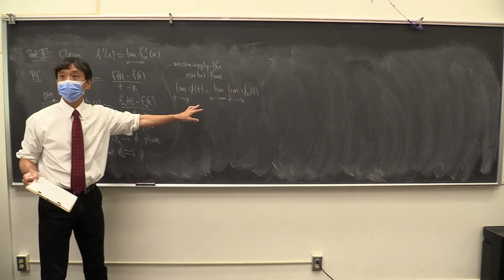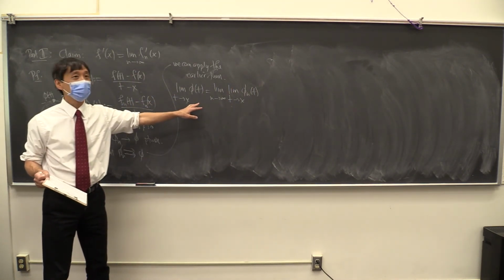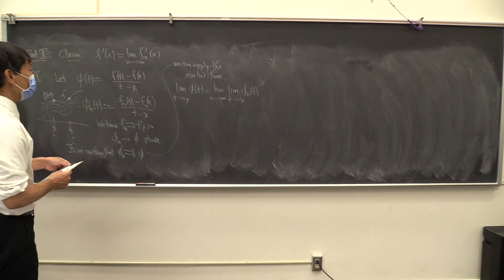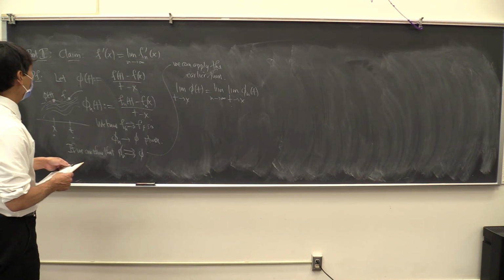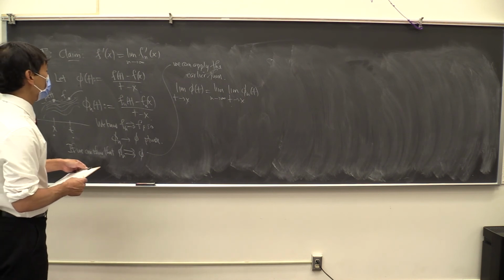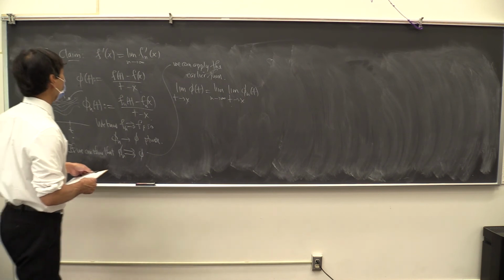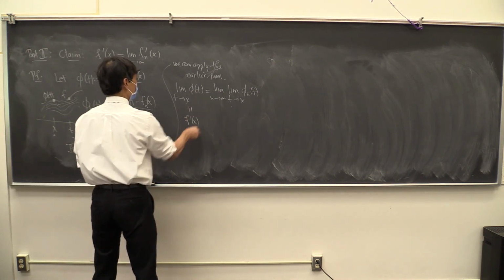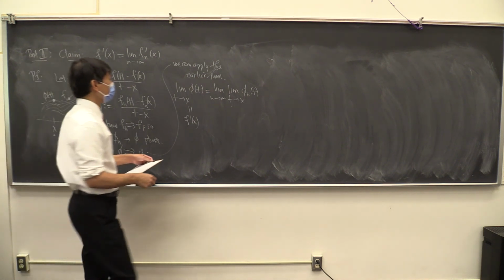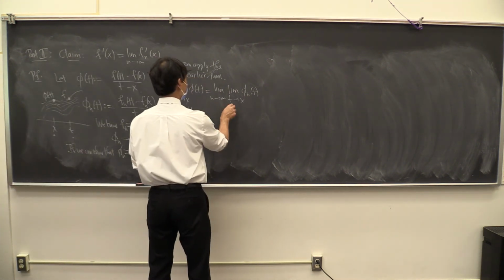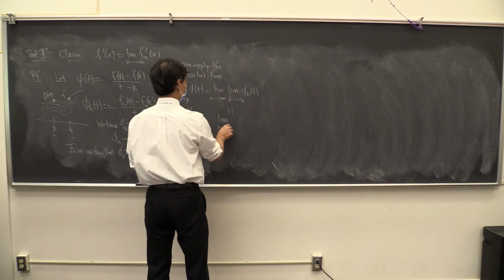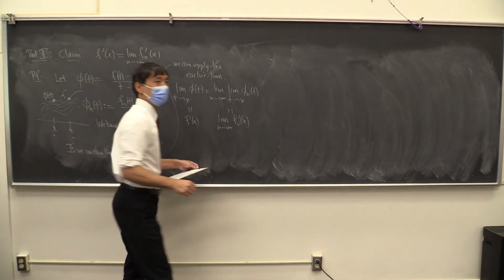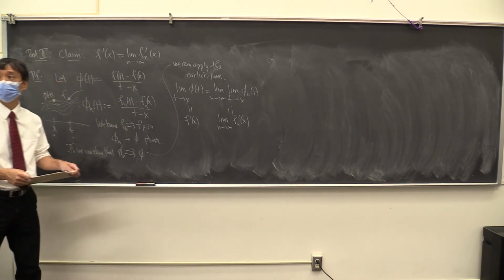Do you remember, this was the theorem that we proved last time. And you see what that would give us. This thing here turns into the derivative, and the right-hand side turns into the limit of the derivatives, which is what we're hoping to show equal.